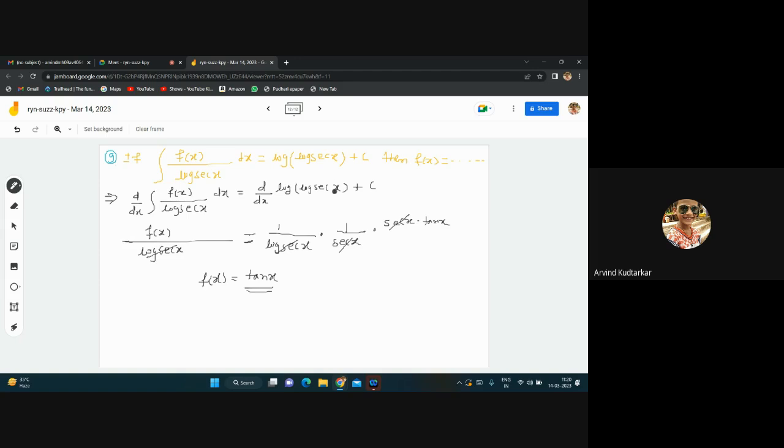And the derivative of x is 1, but we do not mention it every time because it is already inbuilt. So sec x gets cancelled, log sec x gets cancelled, and only f of x equal to tan x remains. So f of x is equal to tan x is the correct option for this differential.